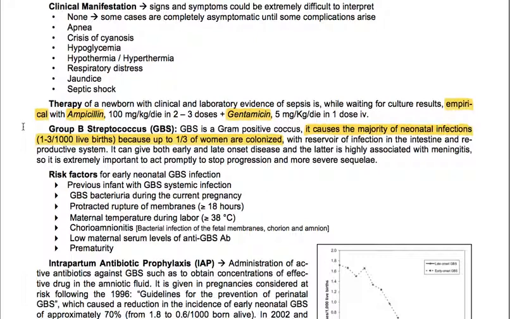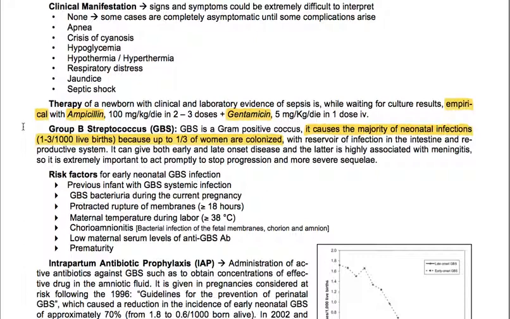Risk factors for early neonatal GBS infection are a previous infant with GBS systemic infection, GBS bacteriuria during the current pregnancy, protracted rupture of membranes of 18 hours or more, maternal temperature during labor of 38 degrees or more, chorioamnionitis, low maternal serum levels of anti-GBS antibodies, and prematurity.